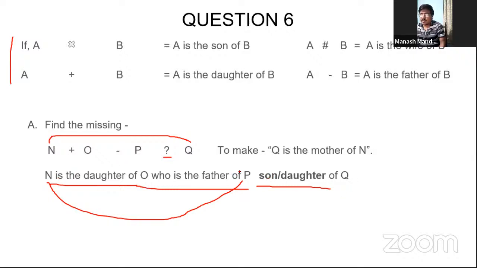So we have to make q the mother. So this p will be either daughter or son of q. Only if we make p the son or daughter of q, q will become the mother of n. So this will be either a multiplication or an addition. Only then will q become the mother of n. Okay, moving to the next question.